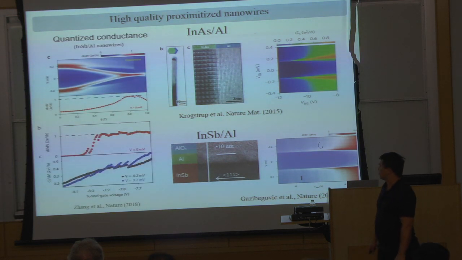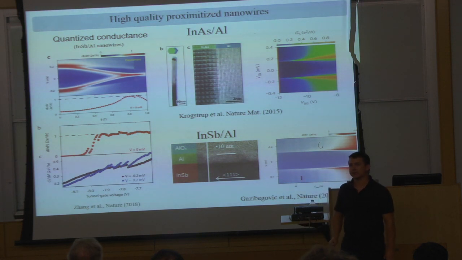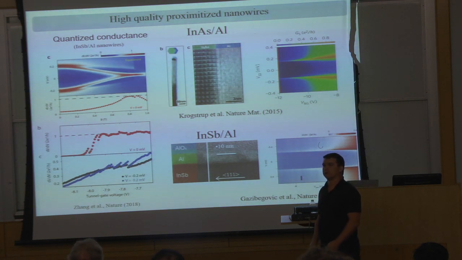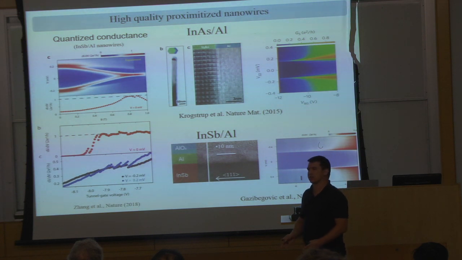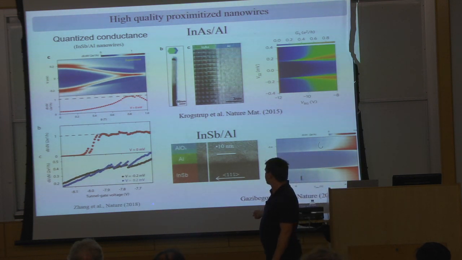So once this material development happened, we could see the effect that we care about. In particular, quantization of the conductance and appearance of a zero bias peak at magnetic field. So this is the data from a very recent experiment, again in Delft, by Kouwenhoven's group, in which you apply magnetic field.